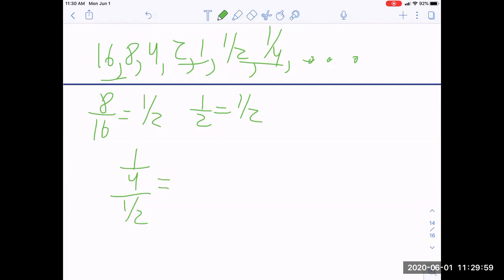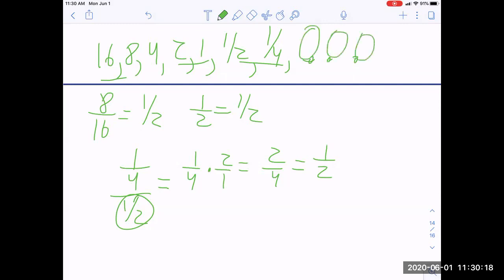Well, if you remember fractions, that becomes 1/4 times the reciprocal. That's 2/4 is 1/2. So I guess what I can leave you with is, what's the next term here? What are the next 3 terms in this sequence? And that's the end of this.